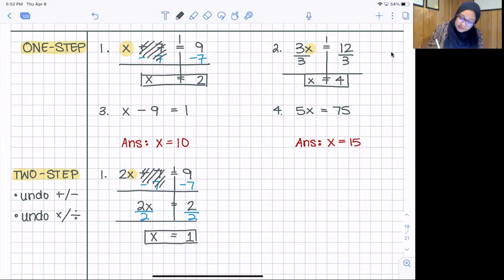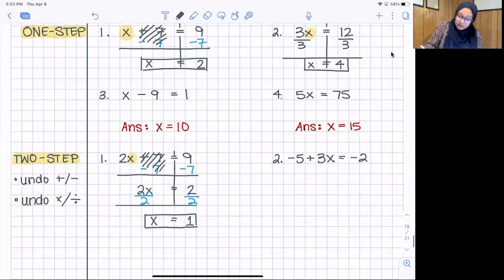Okay, let's do another one right here, number 2. This one is going to be -5 plus 3x equals -2. All right, draw a line right here. Okay, and again, we are undoing the addition or the subtraction first.